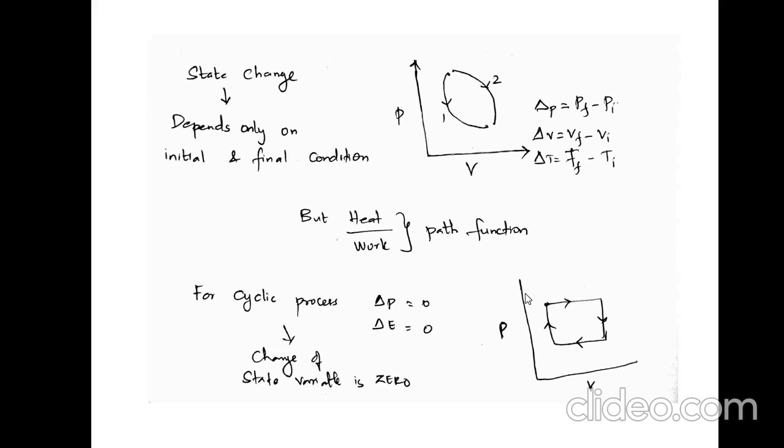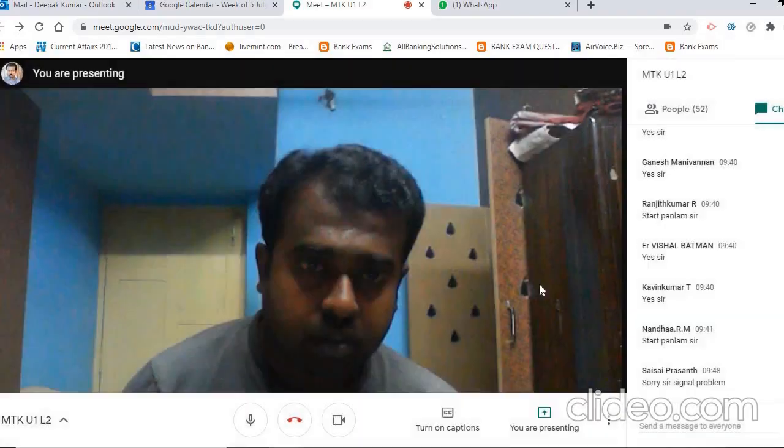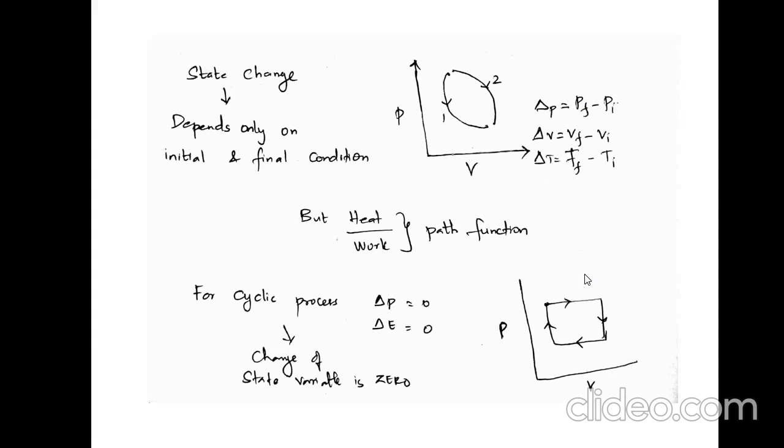Whereas when we look at path functions, heat and work, we can say they are path functions. For example, if you have an initial state here and a final state here, we will have a work done here and a work done here.